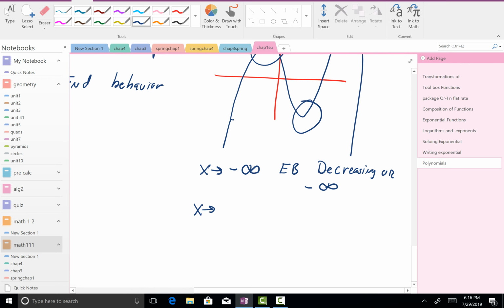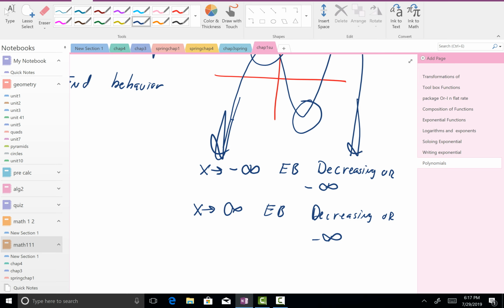As x approaches positive infinity, the end behavior of this is decreasing. Sorry, folks. I'll blame it on the drink stuff. So down and down. That's what it's doing. That's end behavior. What's happening at the ends.